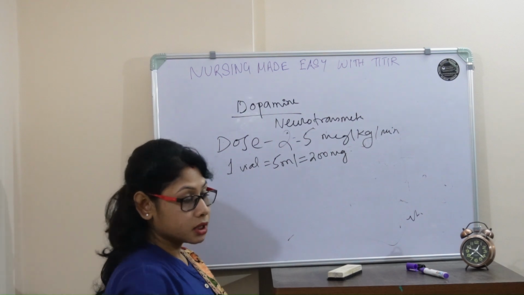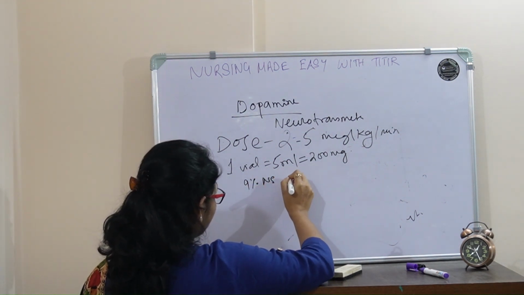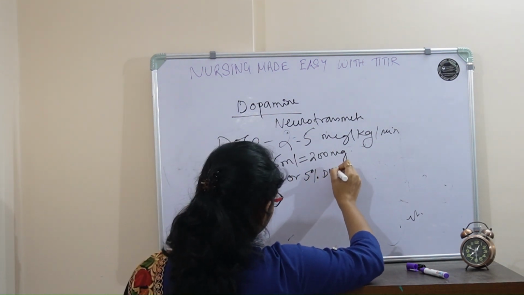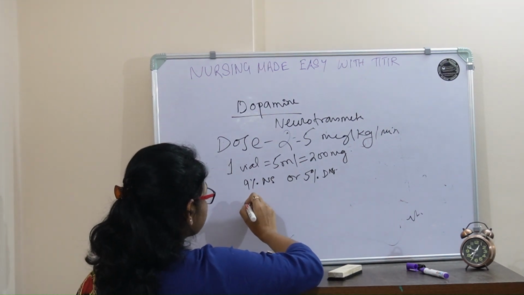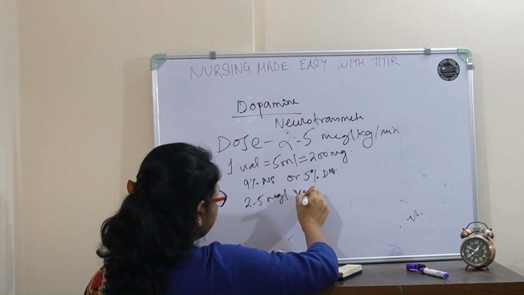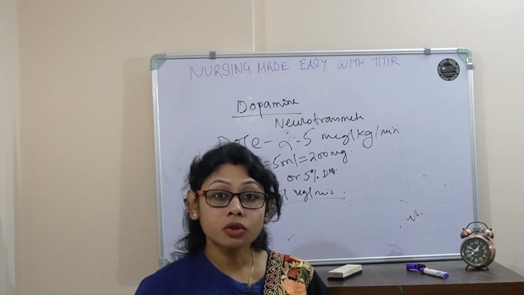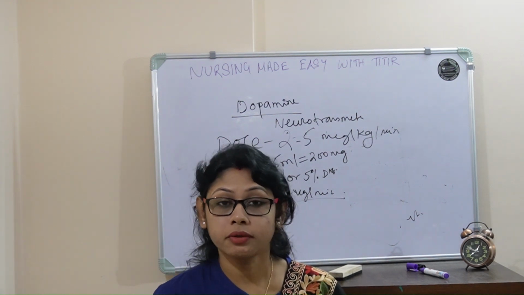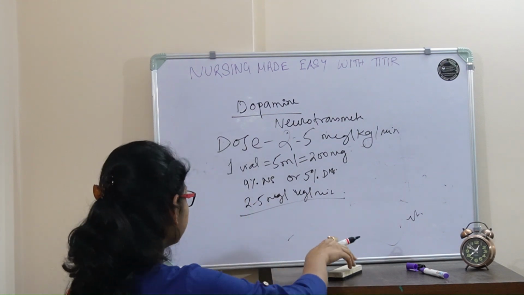We have to dilute this drug with either 0.9% normal saline or 5% DNS, and you can start at 2.5 mcg per kg per minute. You can titrate the dose if the BP is not up to the mark or urine output is not adequate, as per the patient requirement.